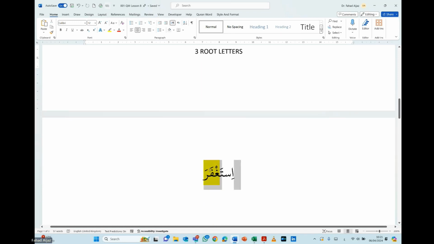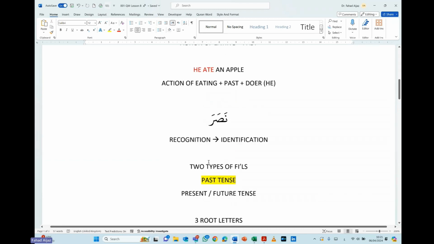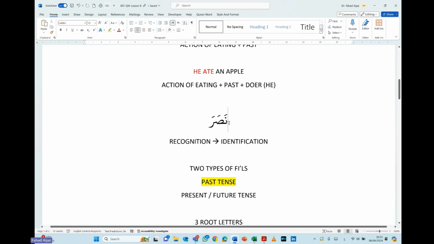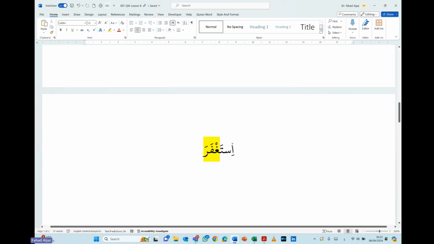Okay, and this is another topic. This is the study of sarf, how words are constructed, and if you ever go there, inshallah, you will learn that skill. Now, every fi'l has three root letters, and we're going to use this fi'l nasara as a starting point, as a template fi'l for us to start the study of fi'ls. Okay, so let's start, inshallah, with the past tense fi'ls.